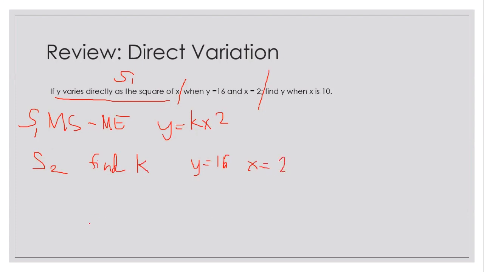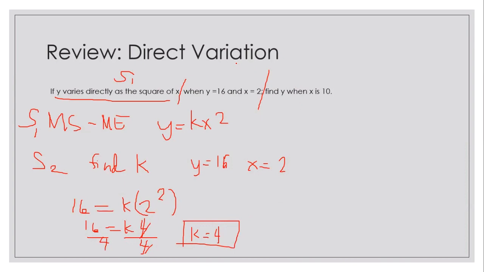So we have 16 is equal to k times 2 squared. Perform 2 squared, 2 times 2, we have 16 is equal to k times 4. Then divide both sides by 4. So cancel, we have 16 divided by 4. So the value of the constant is 4.